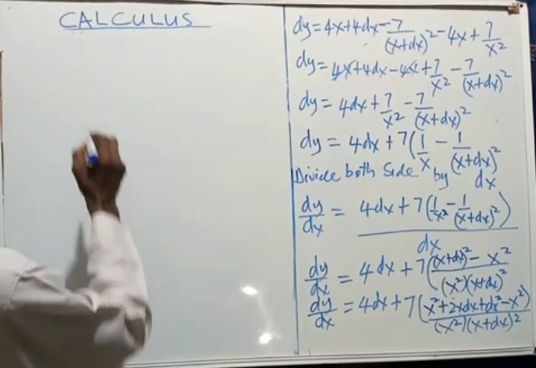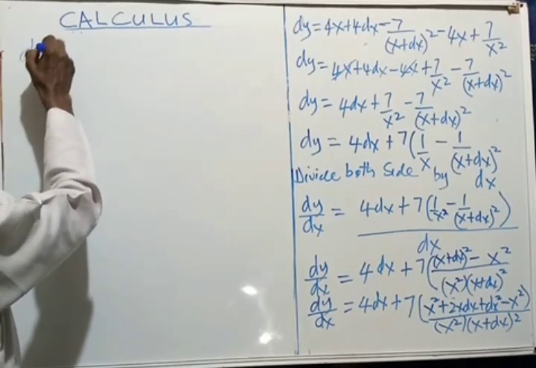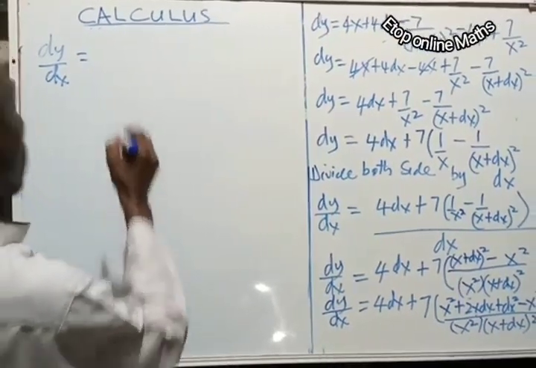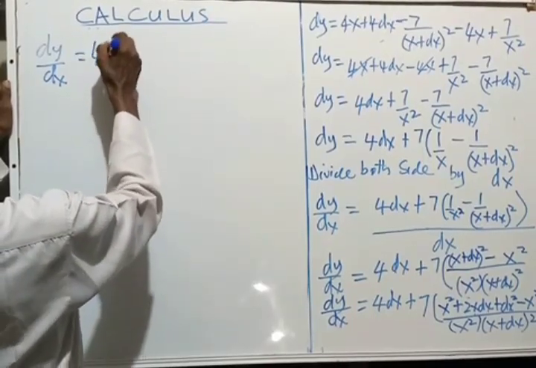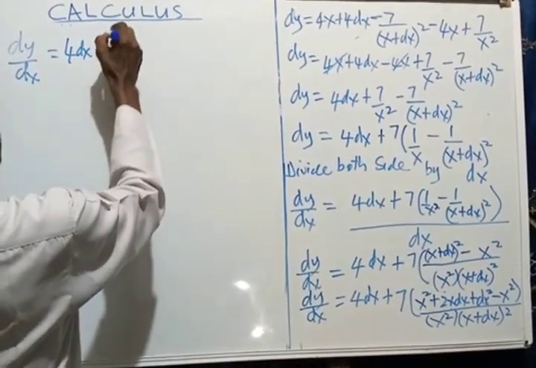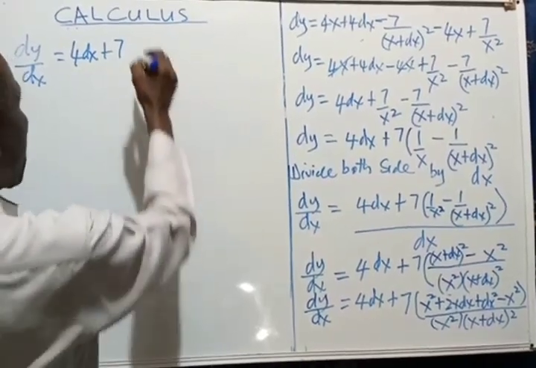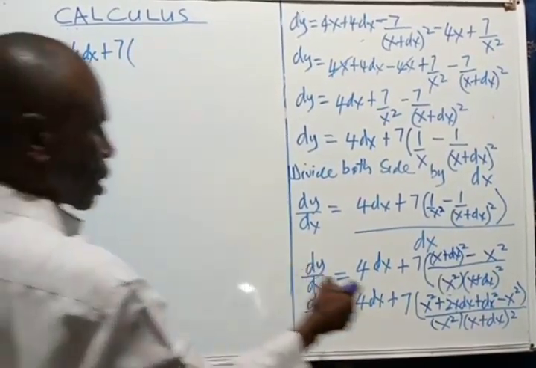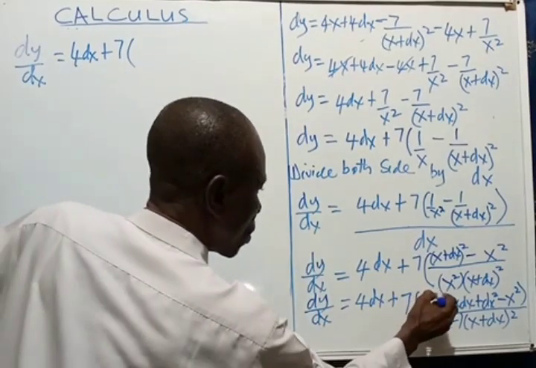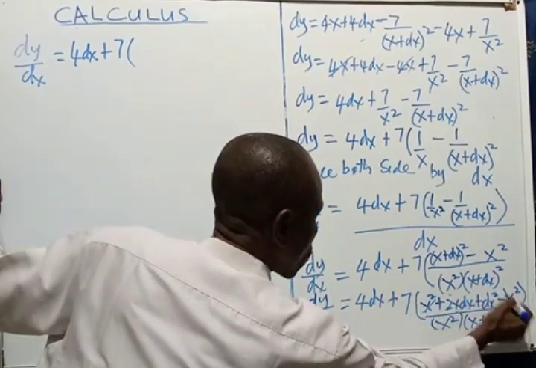I now move to the next step. I have here dy over dx equals 4 dx plus 7. Now, when we look at this, we cancel, x squared will go, x squared will go.